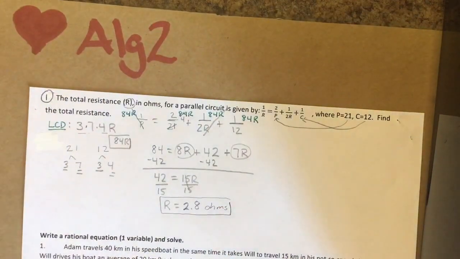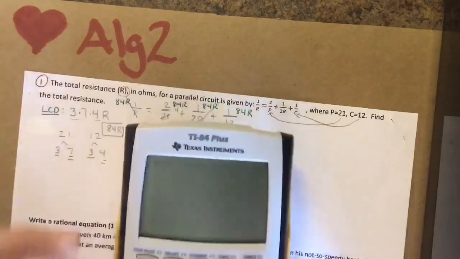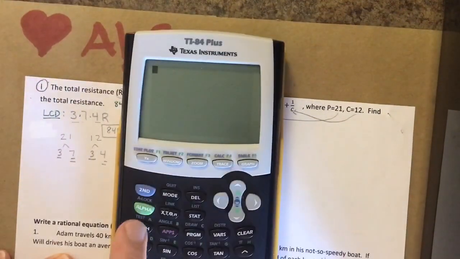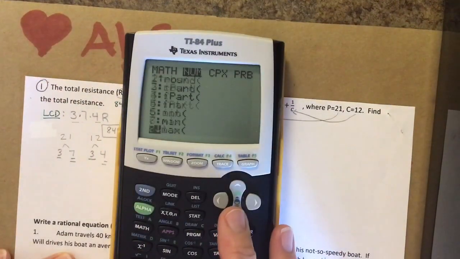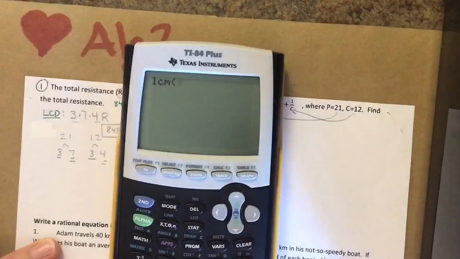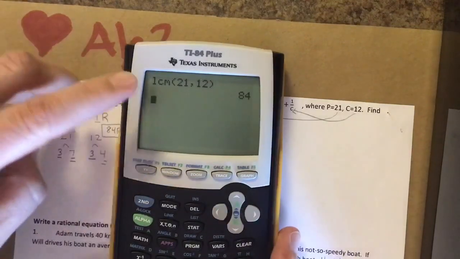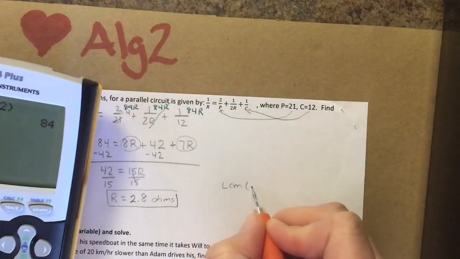Now, one other way to get the LCD. Do you remember? I want to just review on the calculator. You hit the math button, NUM, and it's not LCD, it's LCM. Okay? And you can just put in your two numbers, 21, 12. That is another way to get the LCD. All right, so LCM on the calculator.